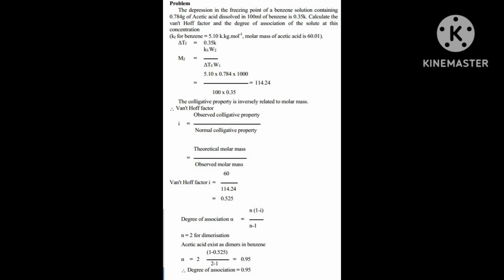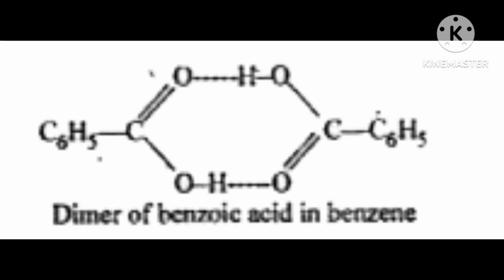That means n(1 minus x), the number of moles of undissociated acetic acid, plus the number of moles of acetate ion, plus the number of moles of hydrogen ion. Add all three: n(1 minus x) plus nx plus nx.